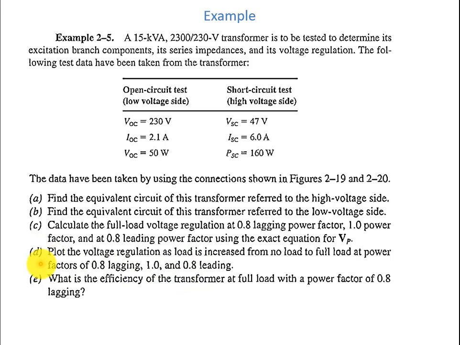This can be easily done with some simulation software. But here what we can do is find three to four values at different load values, and then plot them for all of these power factors.